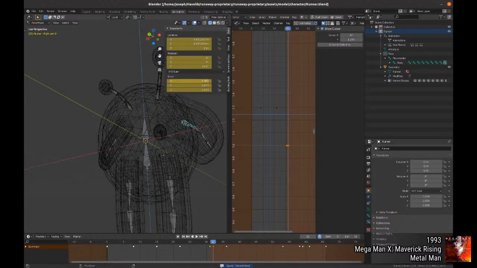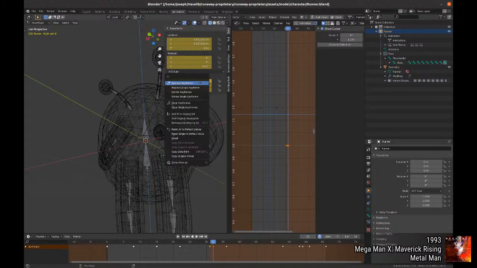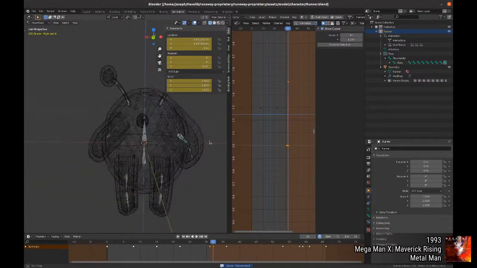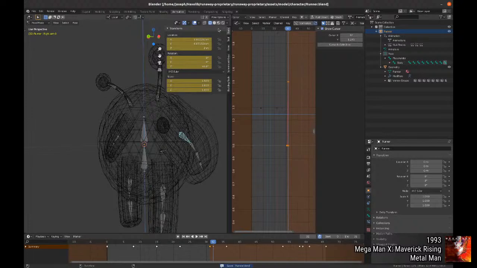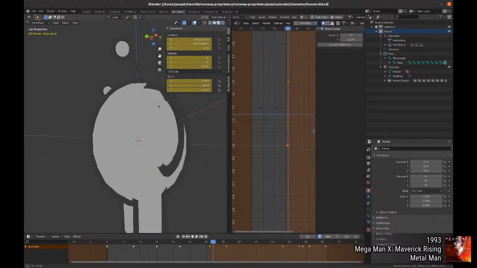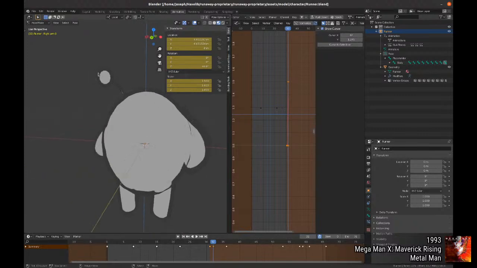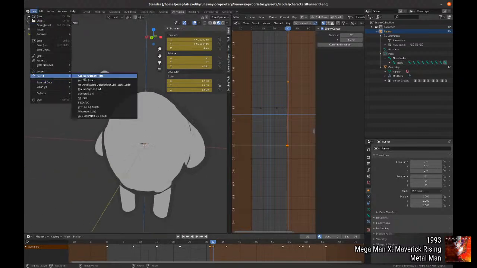So now I want to go and add a scale of 1.5. And that is actually bad at this angle because the arm pops out weirdly. But whatever, this is for testing.